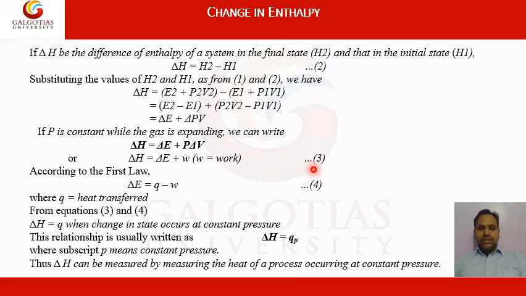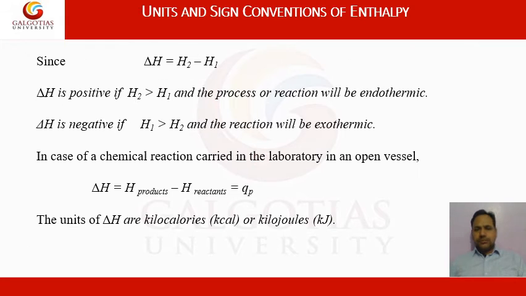It is given by the symbol delta H. The term enthalpy change only applies to a reaction done at constant pressure. So here showing the change in enthalpy. Here showing the unit and sign convention of enthalpy.